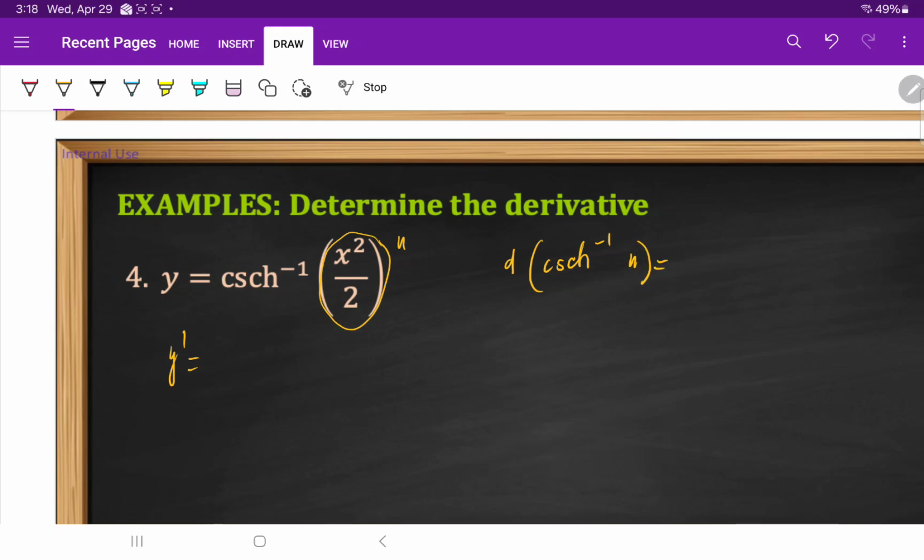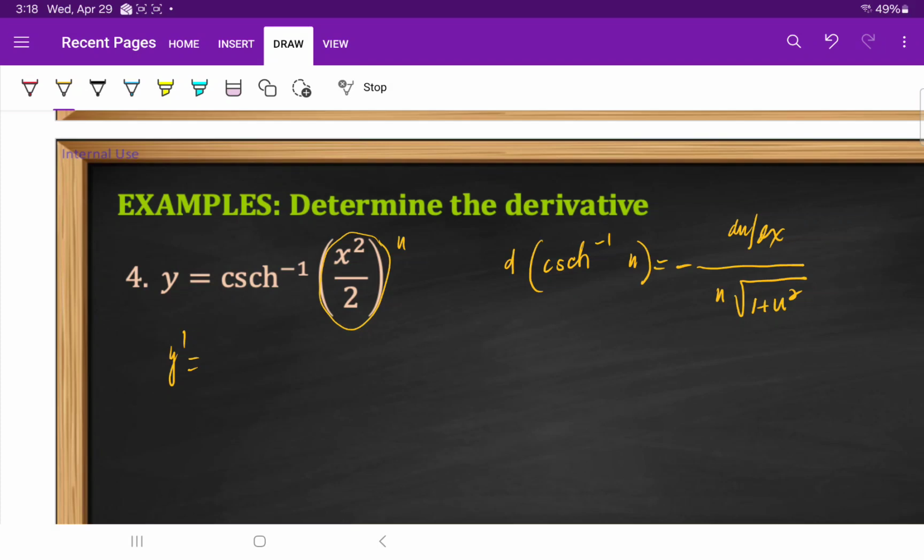That's equal to 1 or du dx over u times the square root of 1 plus u square. And it should be negative 1 or negative du dx over u square root of 1 plus u square.